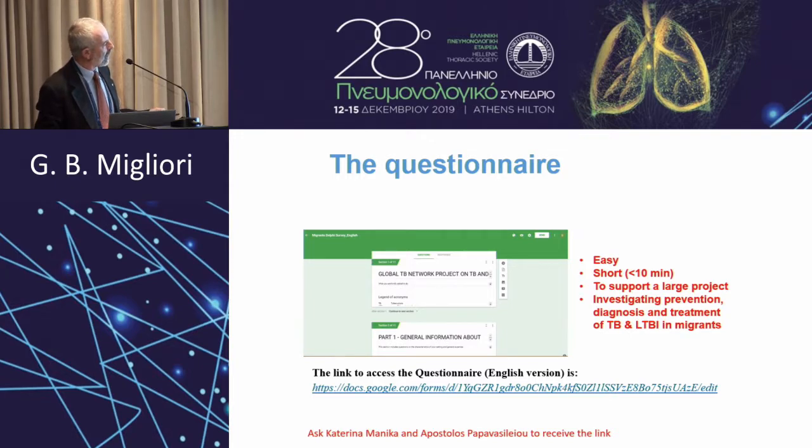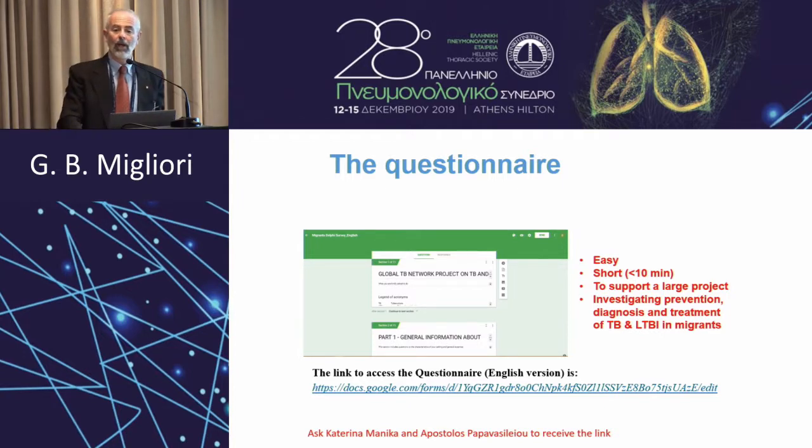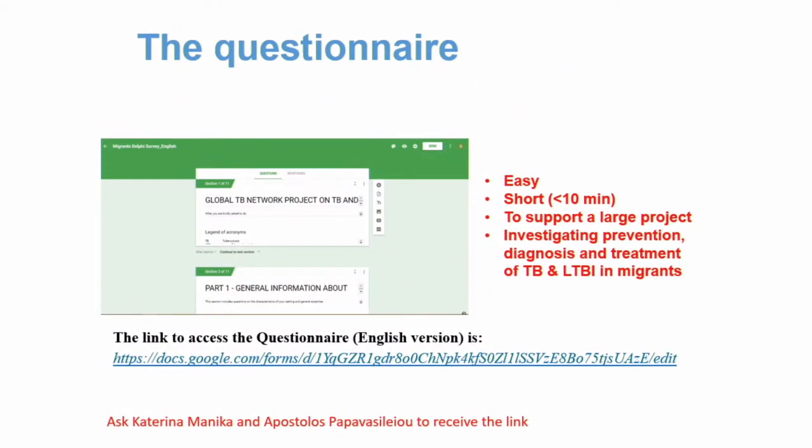It is supporting a large project, and this is the link, and Katerina and Apostolos have the link. So if someone is interested to participate and fill it in, ask them, and then they will send it to you. The idea is to see what people do and think in different areas of the world on how to screen, how to prevent, how to treat, how to diagnose the migrants.